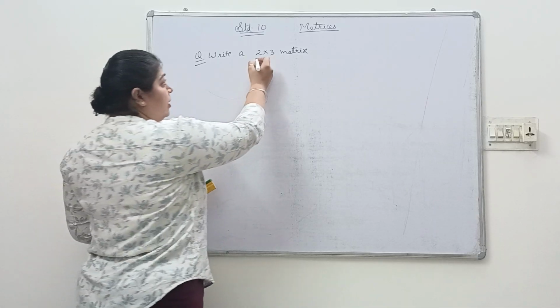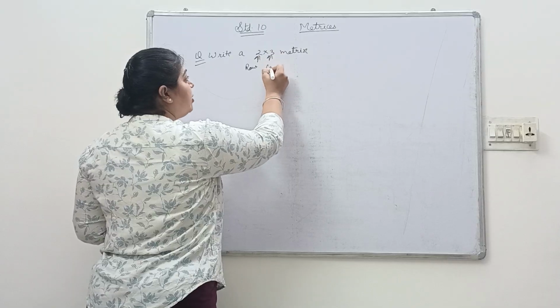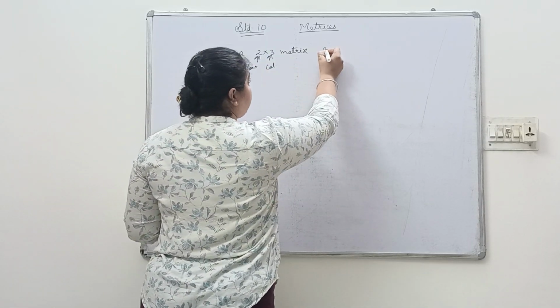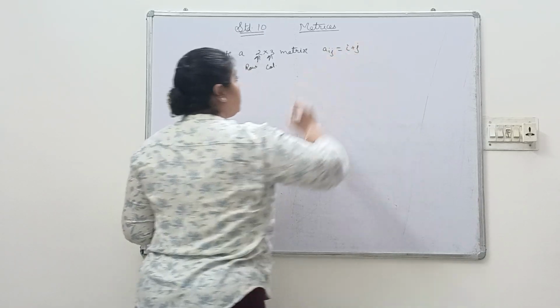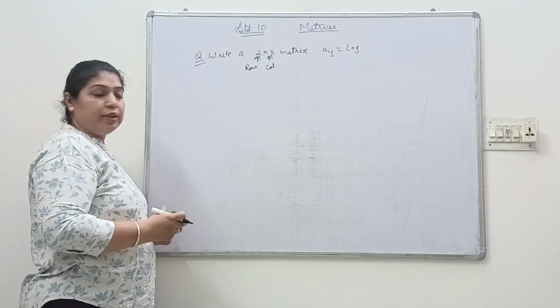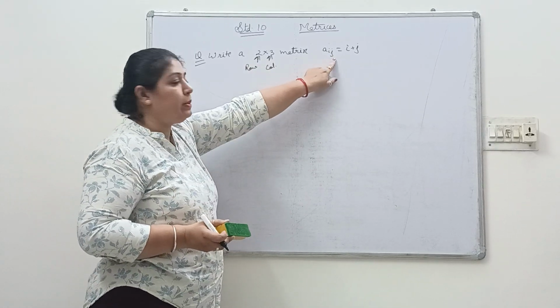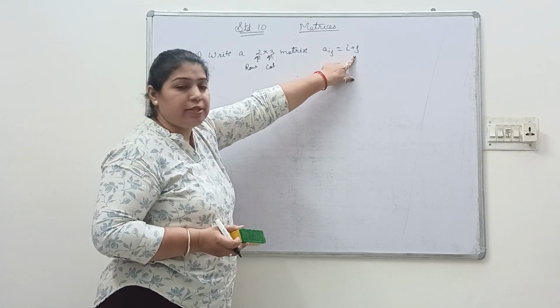A 2 by 3 matrix means the number of rows is 2 and the number of columns is 3. Write a 2 by 3 matrix where Aij is i plus j. This is the condition given to us, that we are supposed to write a 2 by 3 matrix and the elements should be i plus j.